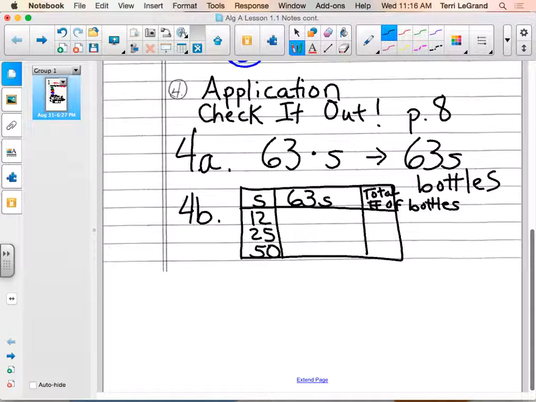So this is our way of showing work this time. We can substitute in our middle column. That's what our middle column is going to do for us. We'll substitute in our number of sweaters. We'll get our handy dandy little calculators out and say what's 63 times 12.